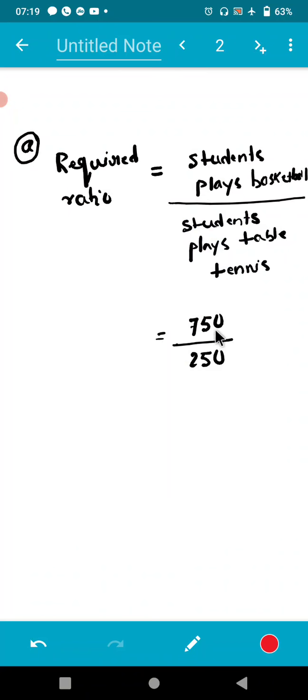We'll reduce the two zeros first, then reduce these two numbers by 5. 5 15s are 75, 5 5s are 25. Then again 5 1s are 5, 5 3s are 15. So the required ratio would be 3:1. This is the solution of part A.